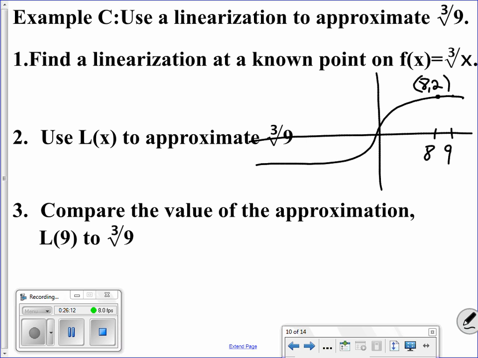So we're going to write the equation of the tangent line at the nearby point (8, 2), and then we can plug the 9 into that. So, oh boy, what do we need to do? Well, we got to get the derivative. So the function is the cube root of x. You ready to give me that derivative? Yeah? All right, let me hear it.